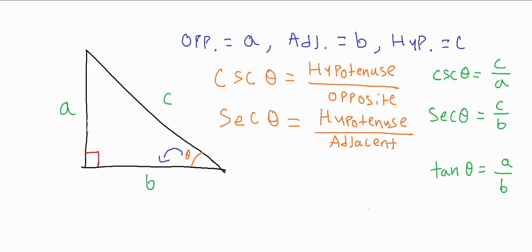So now going to tan, there's something called cot or cotangent. Remember, we know that tan is opposite over adjacent, or TOA. In this case, it's just adjacent over opposite.